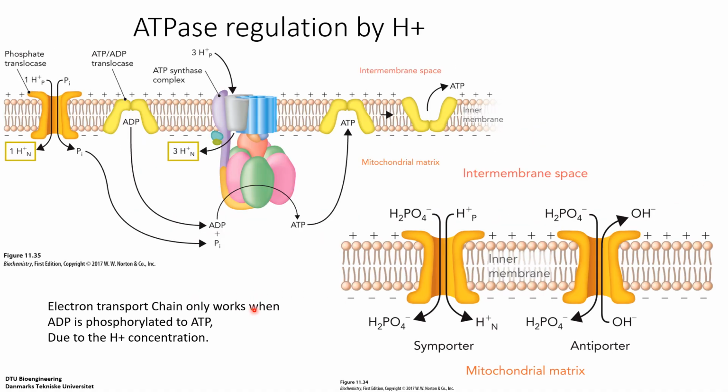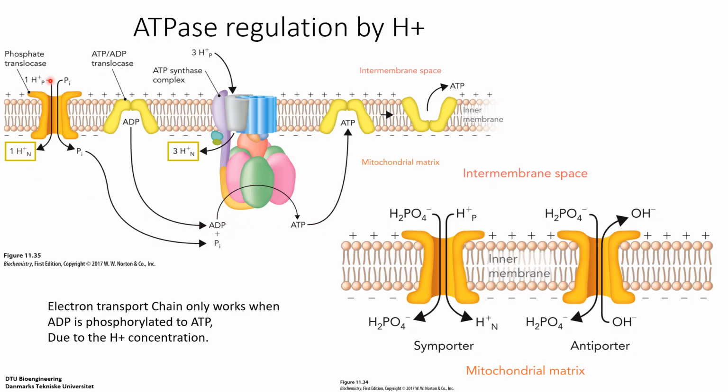Now, as I said before, it's really important that this is regulated by this membrane potential. So one way that this is regulated is by phosphate translocation. Obviously, if we don't have phosphate present inside the matrix, we cannot form ATP from ADP.